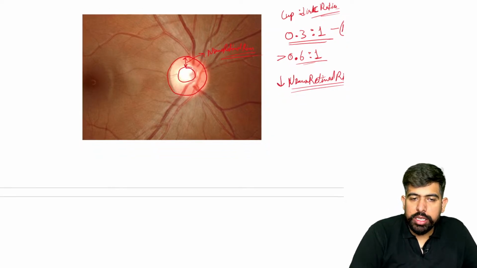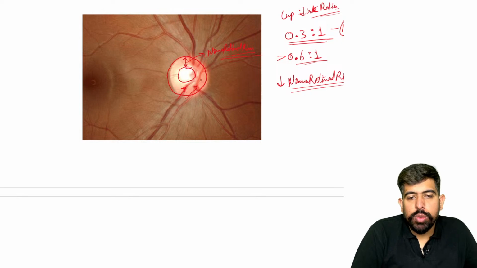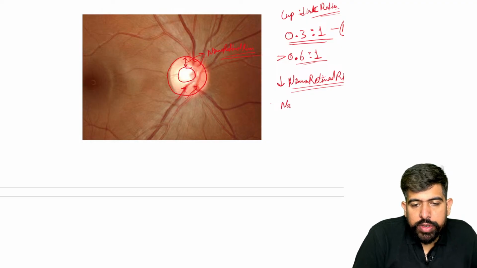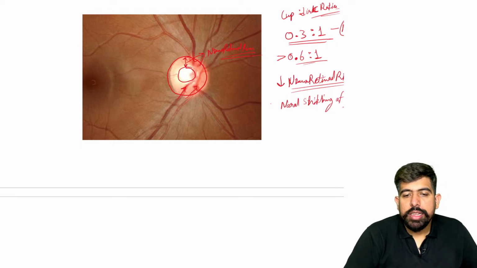Now, the third thing: as you can see here, all the blood vessels pass through the disc easily, and due to glaucoma, there is a nasal shifting of the blood vessels.